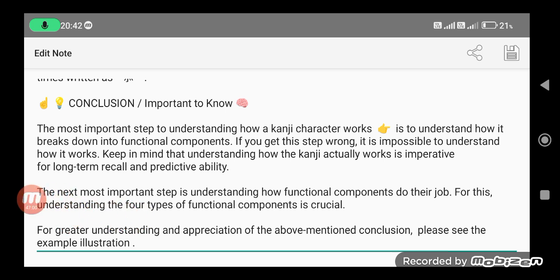Okay, so we have seen the illustration of this component. For now, this is as far as we go. In our next lesson for kanji, we will continue. This is our work in progress. We will continue to discuss and go back to this particular concept of kanji radicals, or bushu, or components.